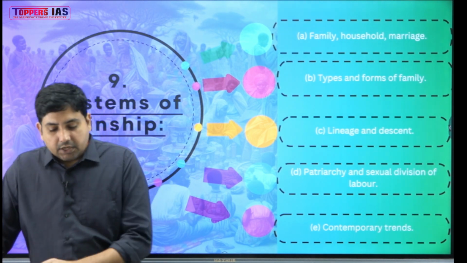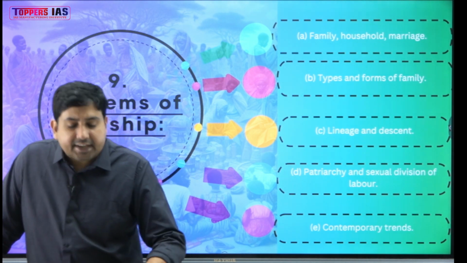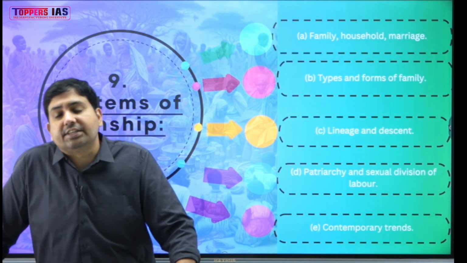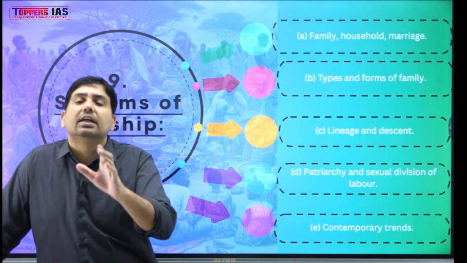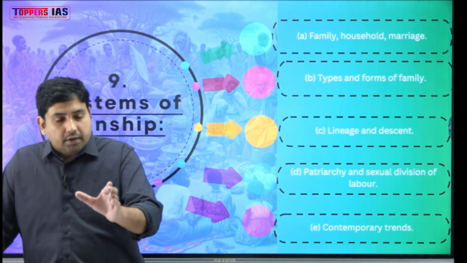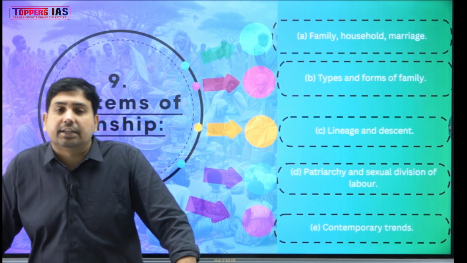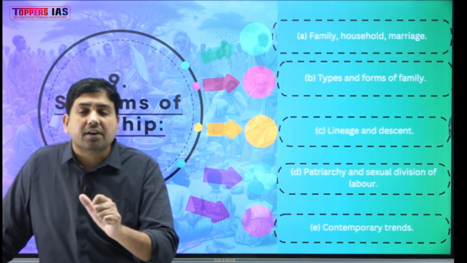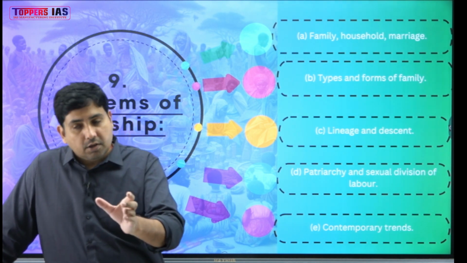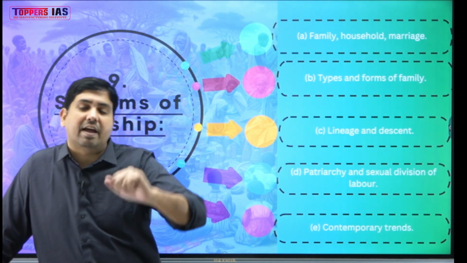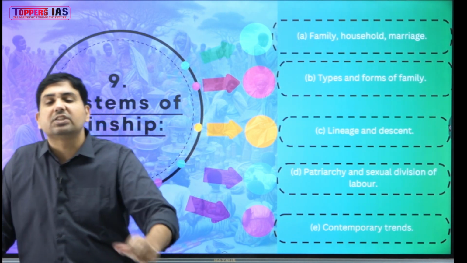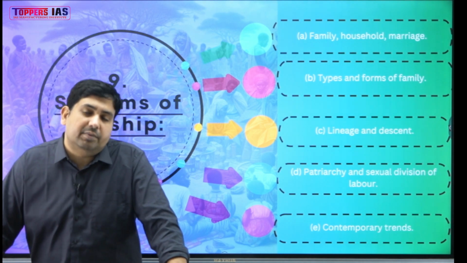Then there are various rules of residence, which decide where a newly married couple lives. For example, patrilocal: the married couple lives with, or near, the husband's family.